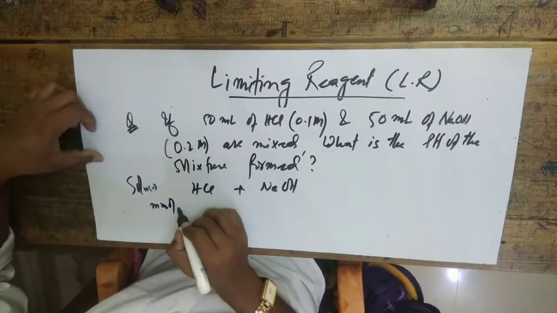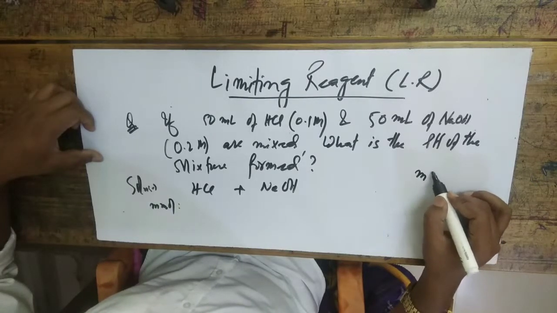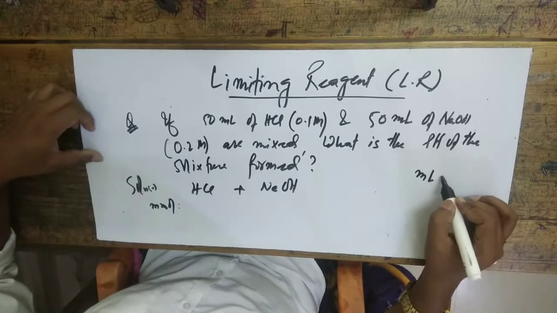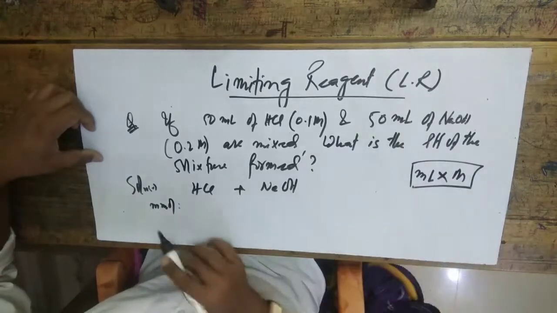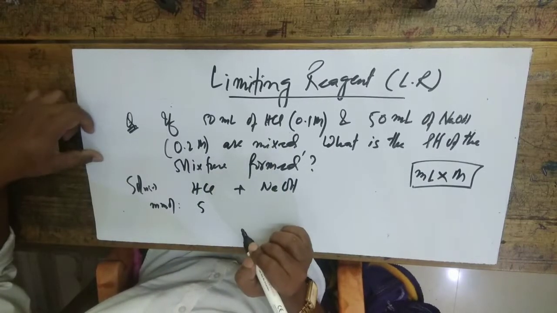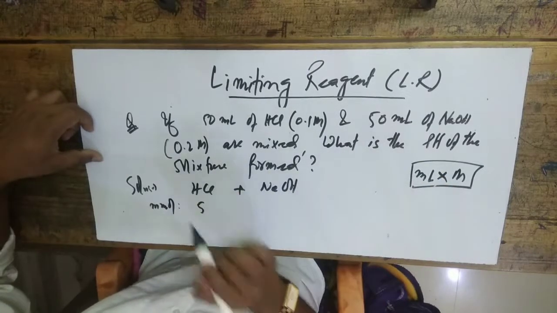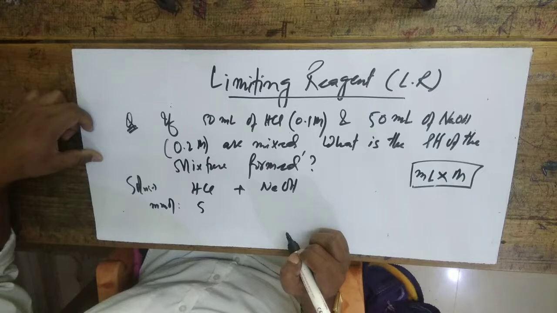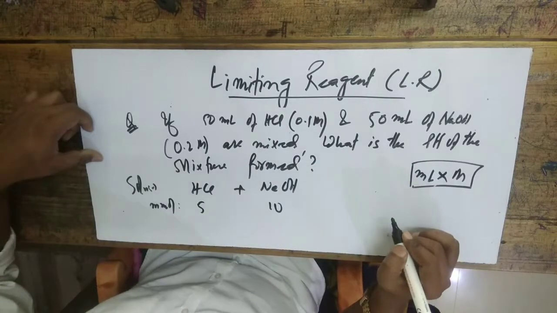To calculate millimoles, we multiply volume of solution in ml by the molarity. Now this is 50 into 0.1, that is 5 millimole, and for NaOH it is 50 into 0.2, that is 10.